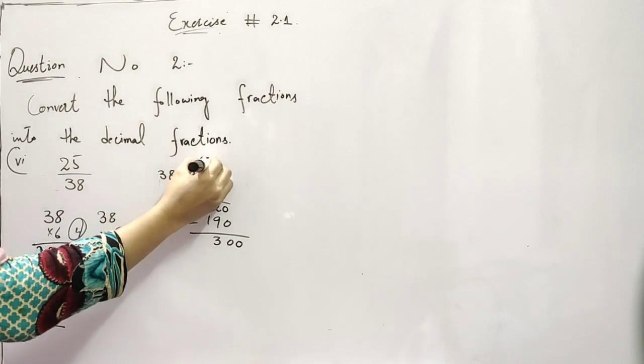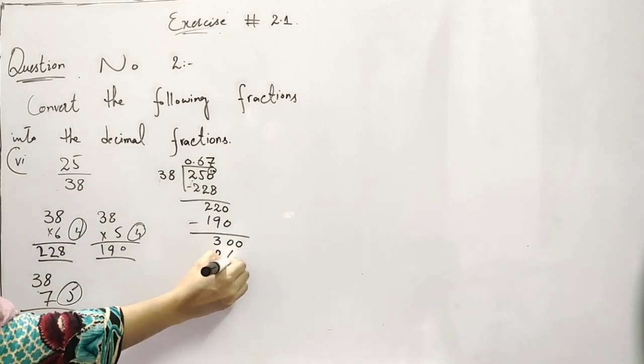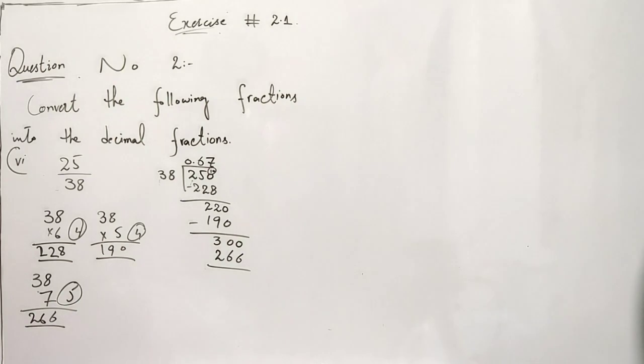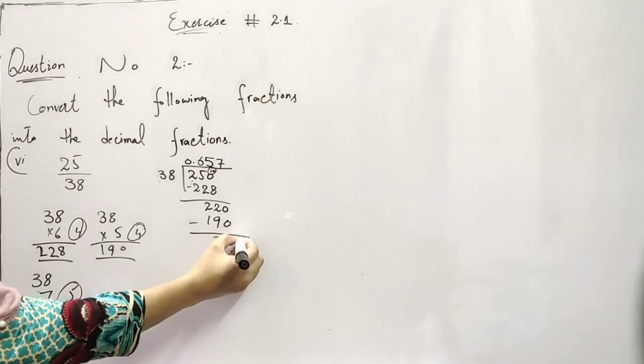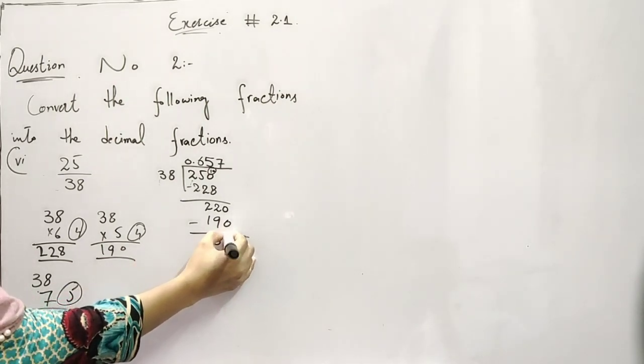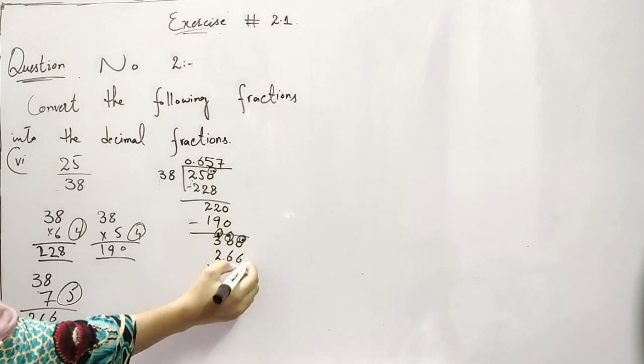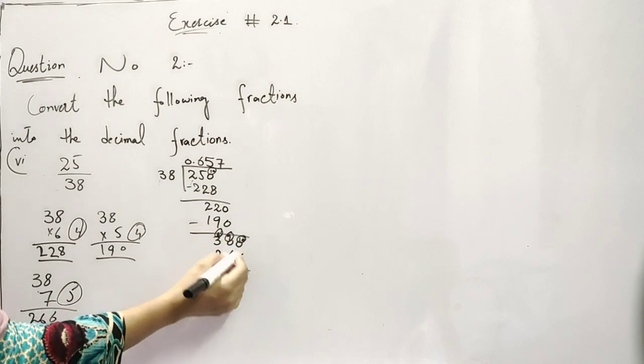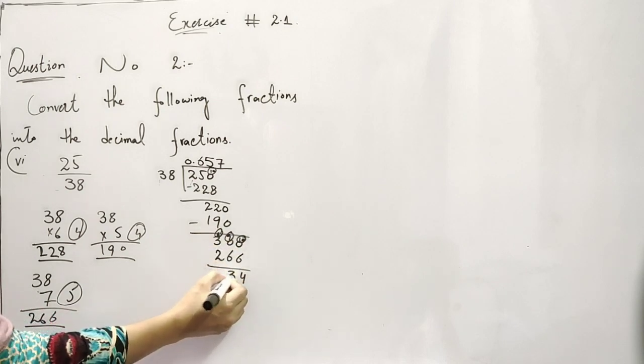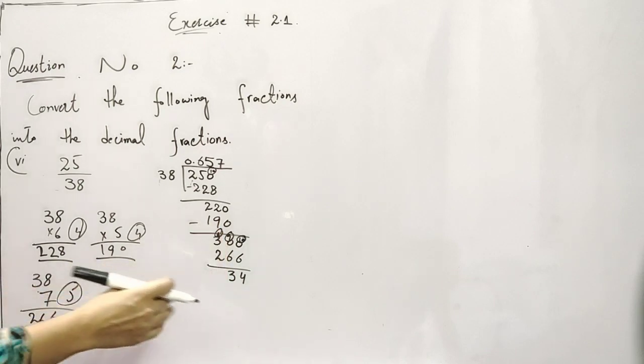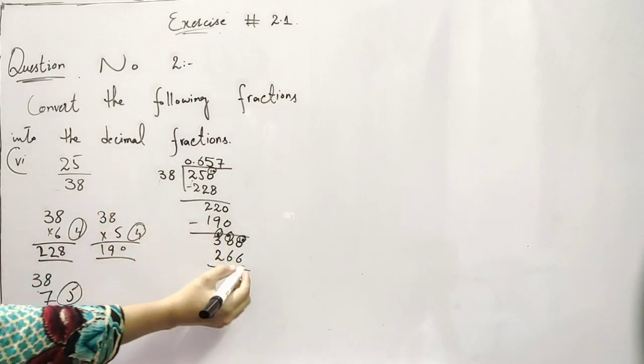Now write 7 here and put 266 here. Now minus: 10 minus 6 is 4, 9 minus 6 is 3, and 2 minus 2 is 0. So this is 34, and 34 is less than 38.